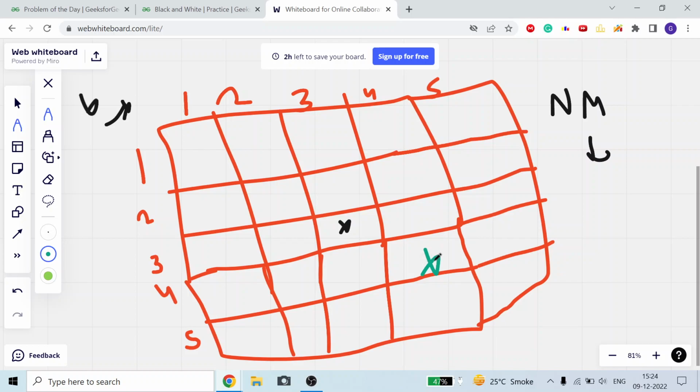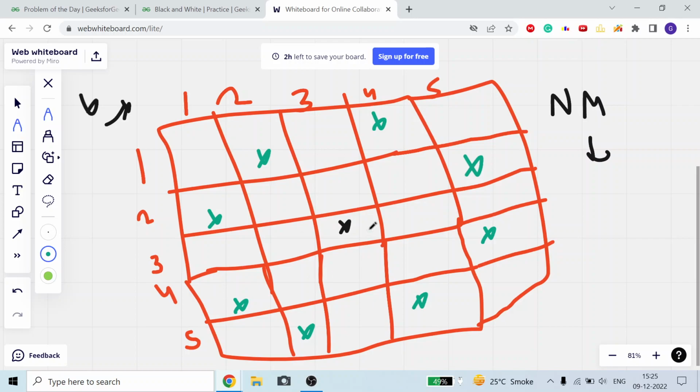If I put it here, it can easily attack my other knight, and likewise from these cells. So all the cells where my white knight would attack my black are these 8 cells.